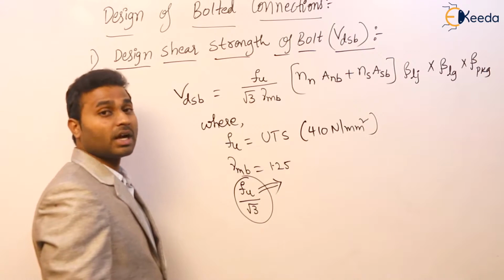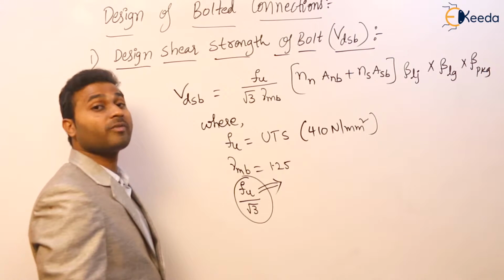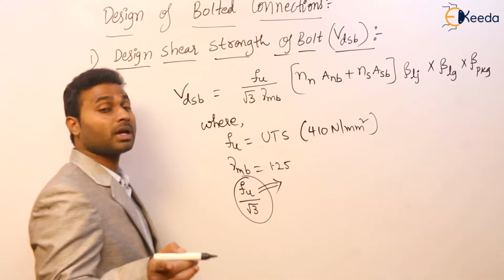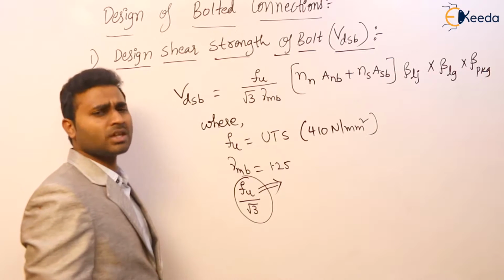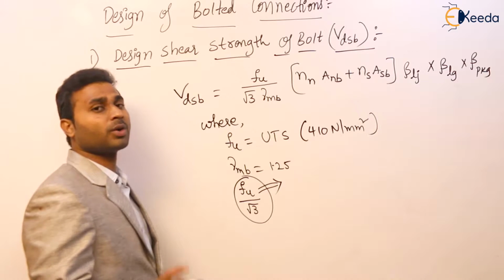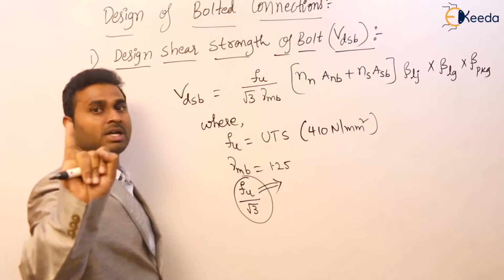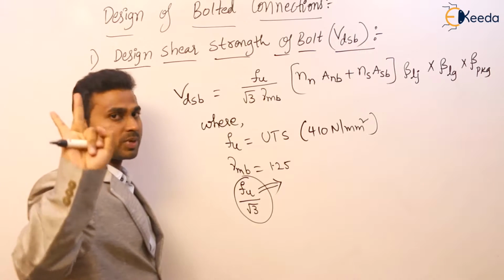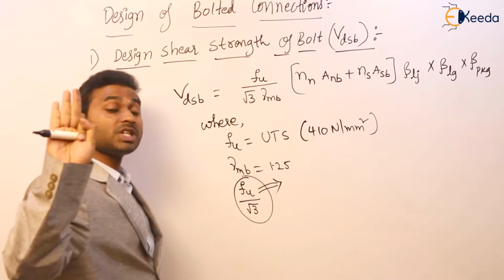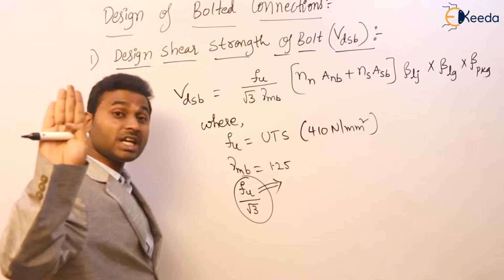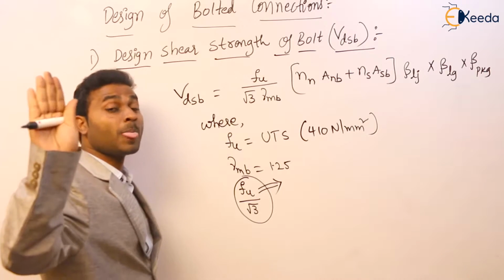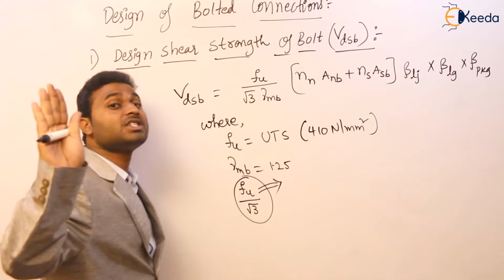Regarding this theory, you are going to study in strength of materials in a topic named theories of failure. In strength of materials, we are going to study about 5 theories of failure: maximum principal stress theory, maximum principal strain theory, maximum shear stress theory, maximum strain energy theory, and the maximum shear strain energy theory, which is the distortion energy theory.